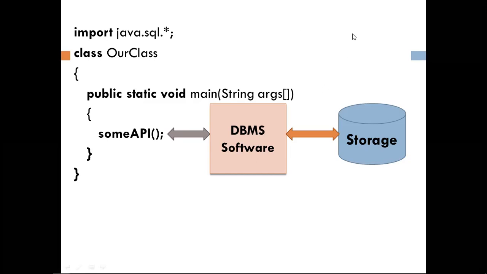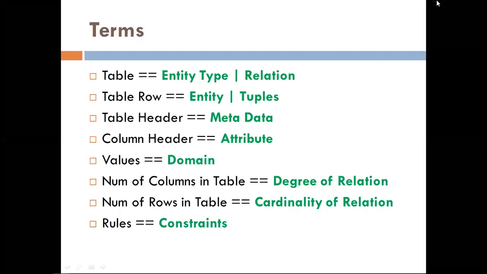Let us directly go to today's topic, that is data model. Let us look into a few terms related to database. A table is called an entity type, or we call it a relation. Each table row is called a tuple or entity.